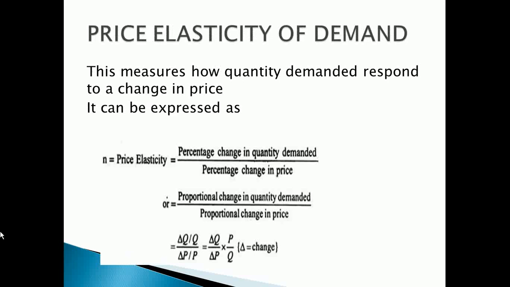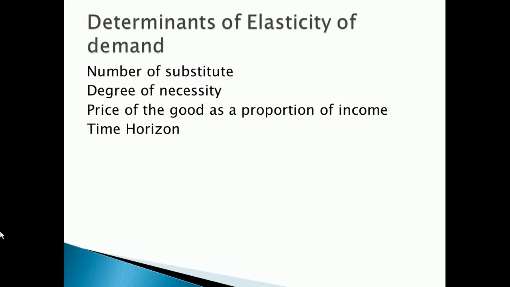Let's look at this example together. 20% change in quantity demanded is as a result of 25% change in price. Price elasticity of demand coefficient can easily be calculated as percentage change in quantity demanded, which is 20%, over percentage change in price, which is 25%.